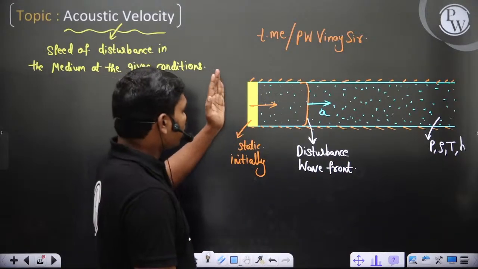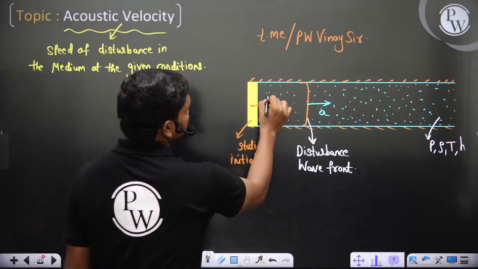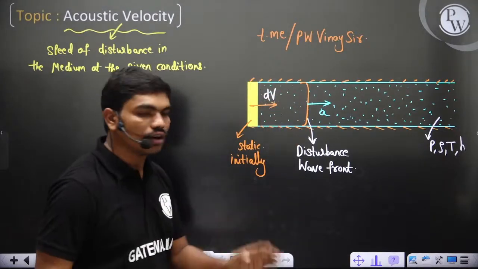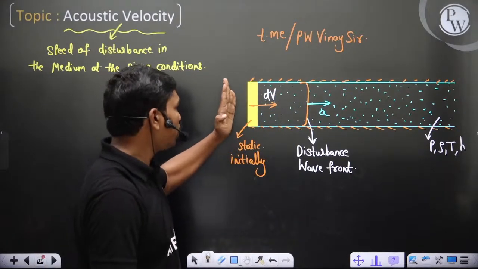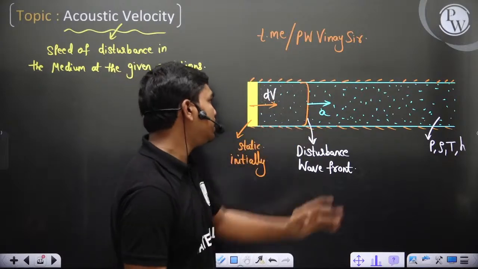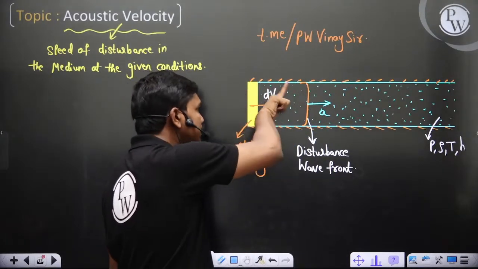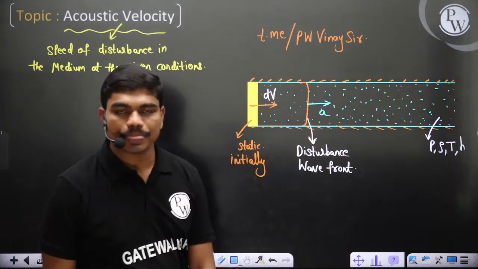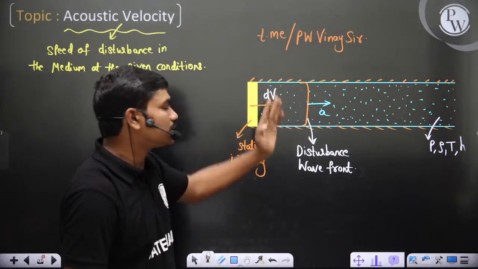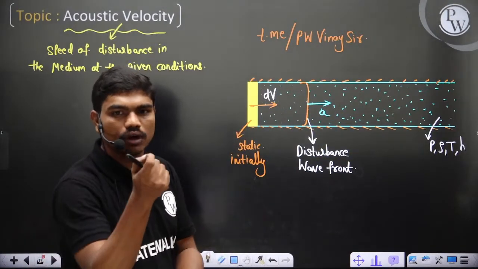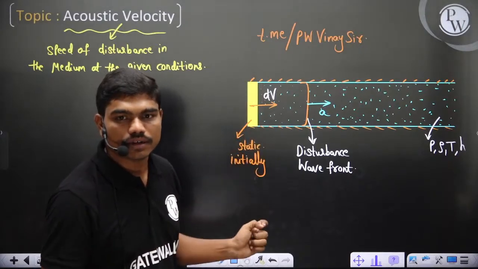Let's say all of a sudden the piston, which is initially static, started moving at velocity dv. Then by the time it moves, this wave front gets generated, and it travels at a velocity a. Behind it, the gas is moving at some small elemental disturbance velocity which is dv.